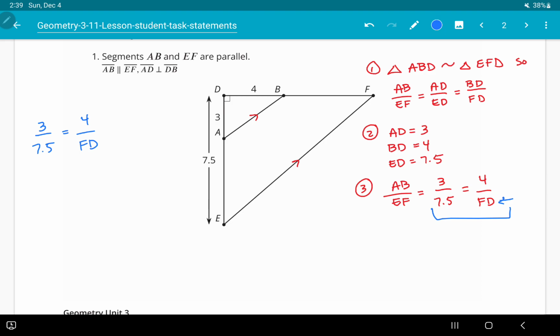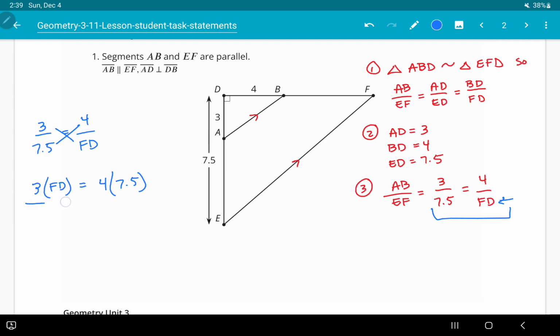Now, there's lots of different strategies for solving proportions, but the one that I'm going to use is cross multiplication. So I can cross multiply like this and say that 3 times FD equals 4 times 7.5.